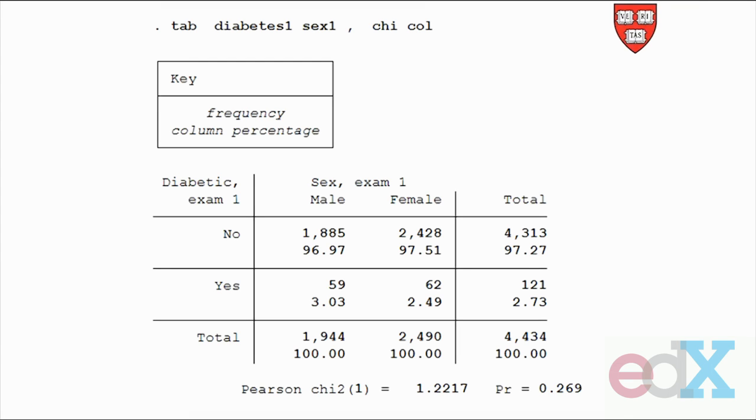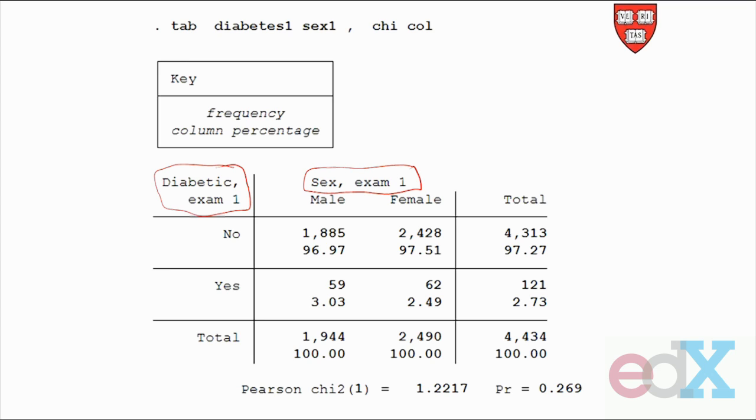Okay, let's return to our Framingham heart study, and here we have a 2 by 2 table that looks at the relationship between diabetic status, yes, no, at exam 1, and the sex of the respondent at exam 1.